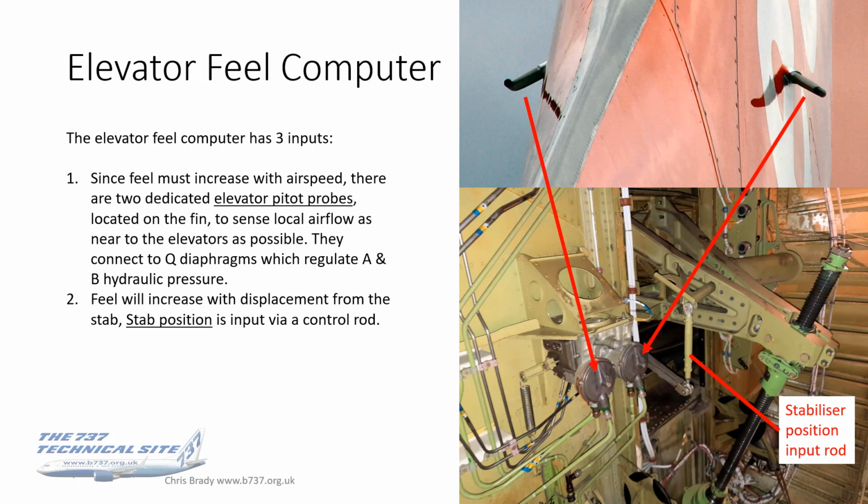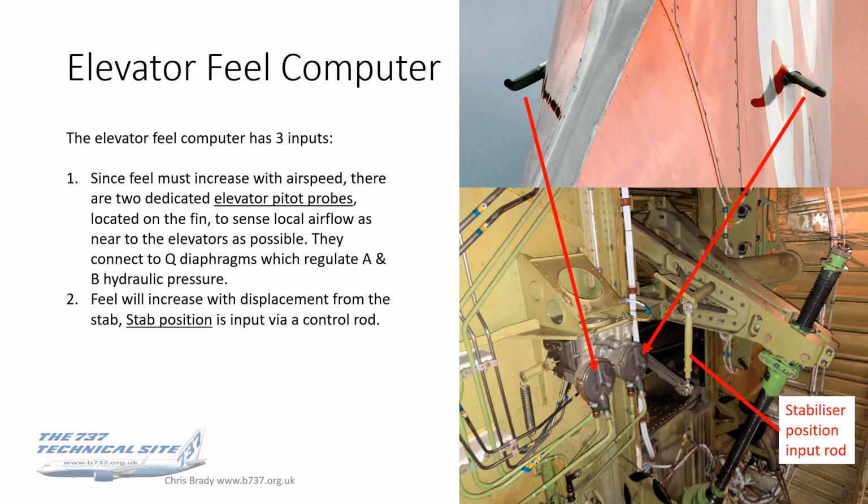So it needs an input from stab position, i.e. away from datum. The stab position is done via a control rod, which you can see there, that small vertical yellowy brown coloured rod. You may remember from the earlier photo, that is attached to that large unit behind it, the front of the stabiliser that's attached to the jack screw.